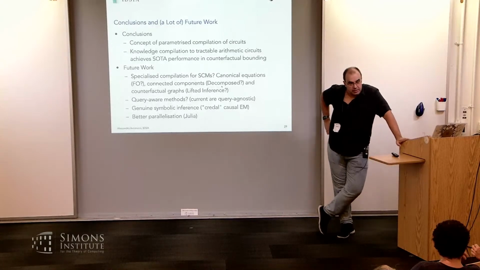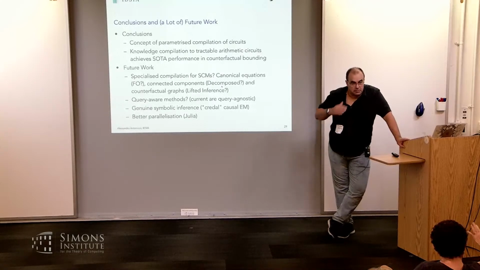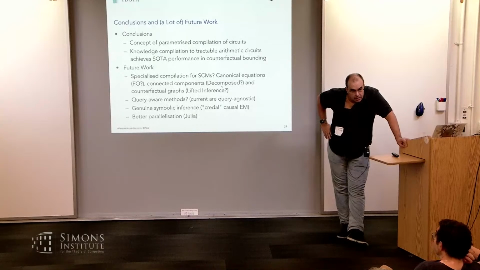Yeah. Can I follow up? Okay. One thing that you are arguing is that the compilation is very good in this case because we have functions. So this is just an observation. You can map any Bayesian network to one where you restrict yourself to functions with these hidden variables.